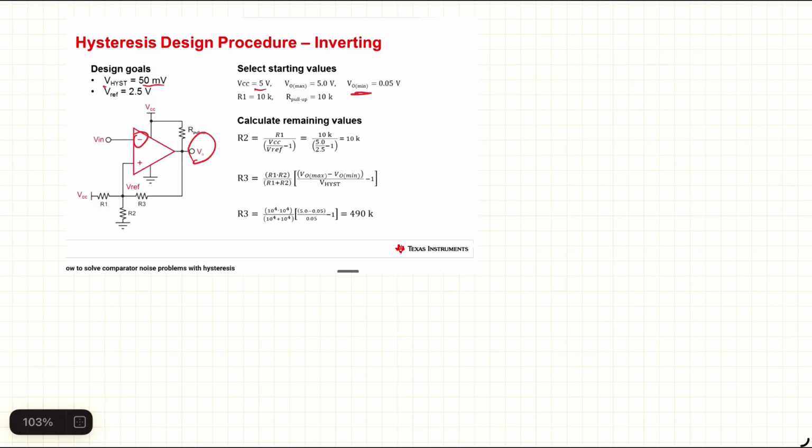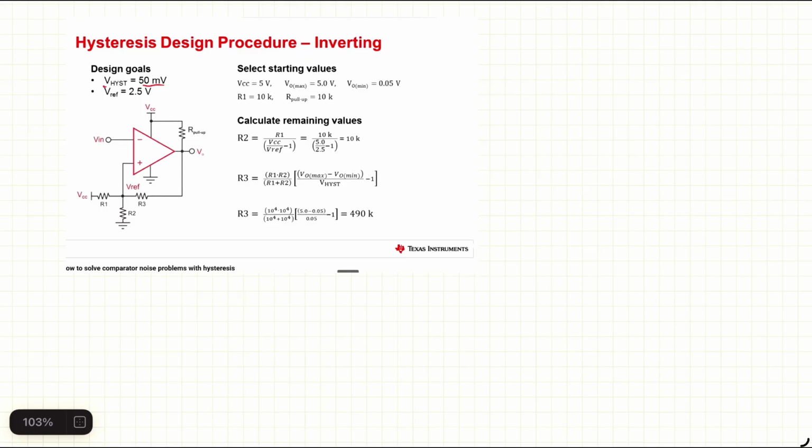And the minimum output, when the state changes from high to low, cannot go quite to 0 volts; it goes to about 50 millivolts. And R1, which is the input resistor here, is 10K, and our pull-up resistor is a pull-up resistor in case the signal is floating, the output is floating.